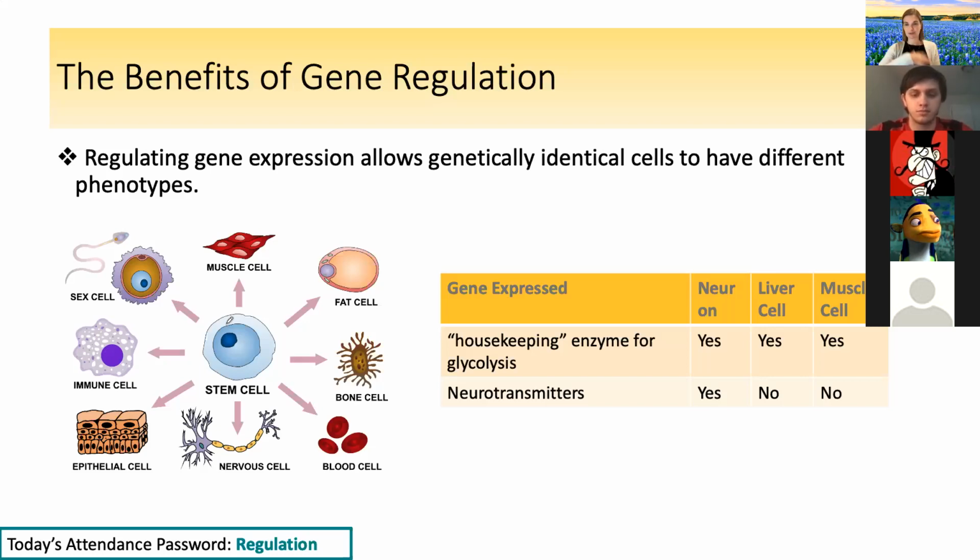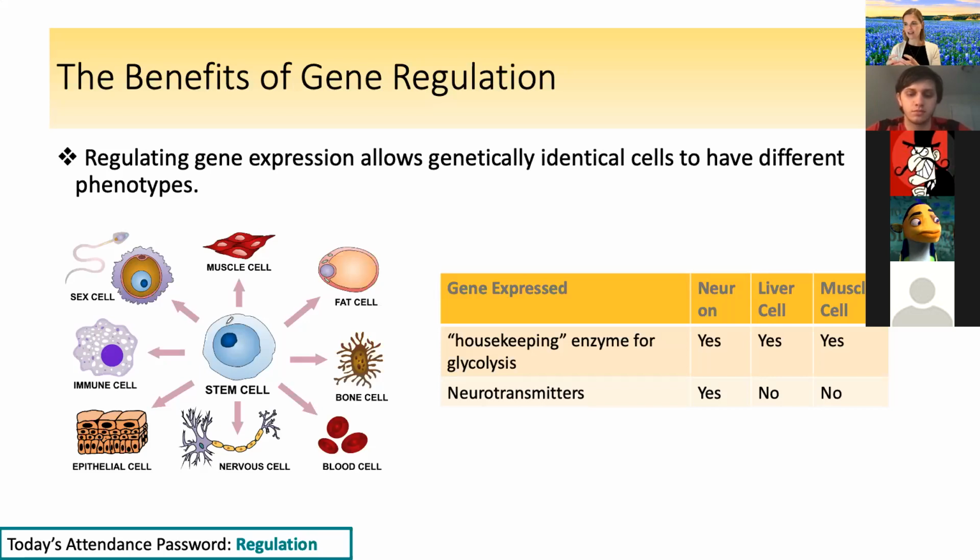So just like we go through different life stage developments, I always like to think, when you're babies, your parents are like, oh, you can be anything you want to be when you grow up. And we don't know what you're going to become, right? And then as you start growing up and learning new skills and finding out things that you like and don't like and are good at, right? You start off on a direction where you become this mature adult, right? And the same thing happens with our cells, right?